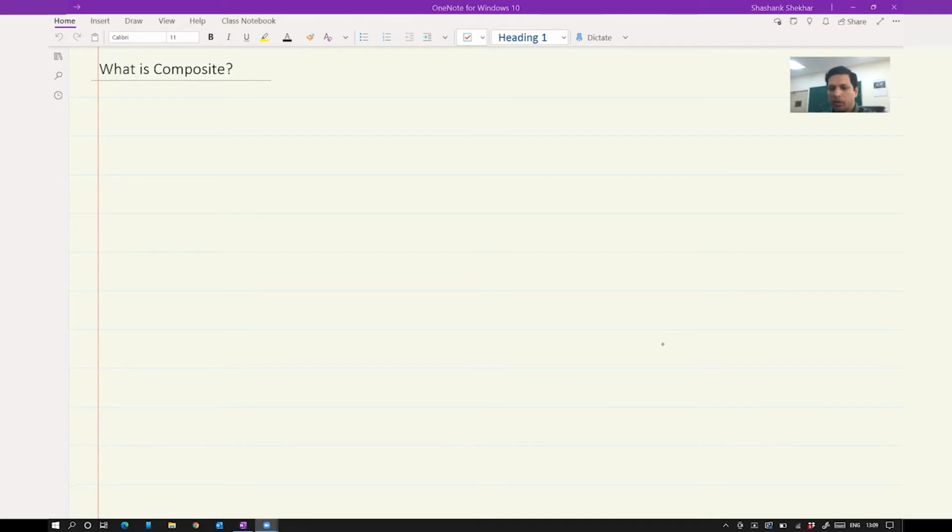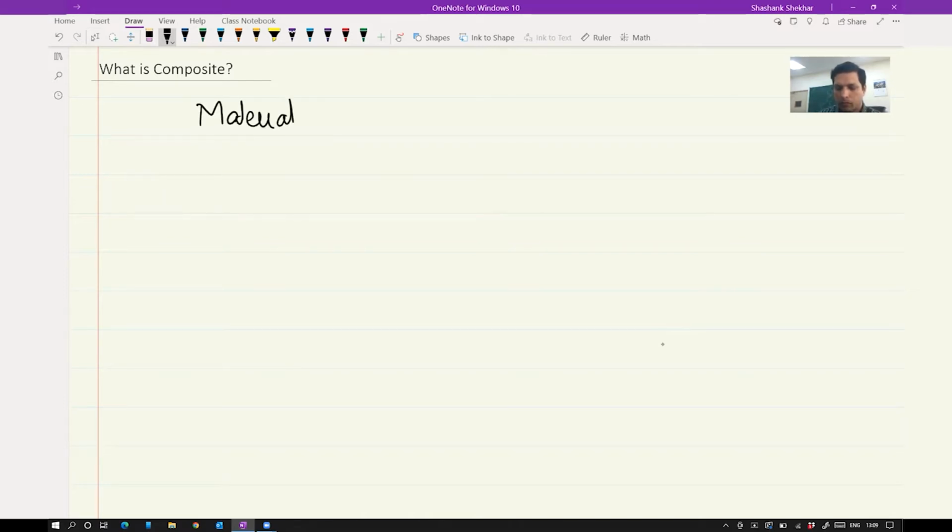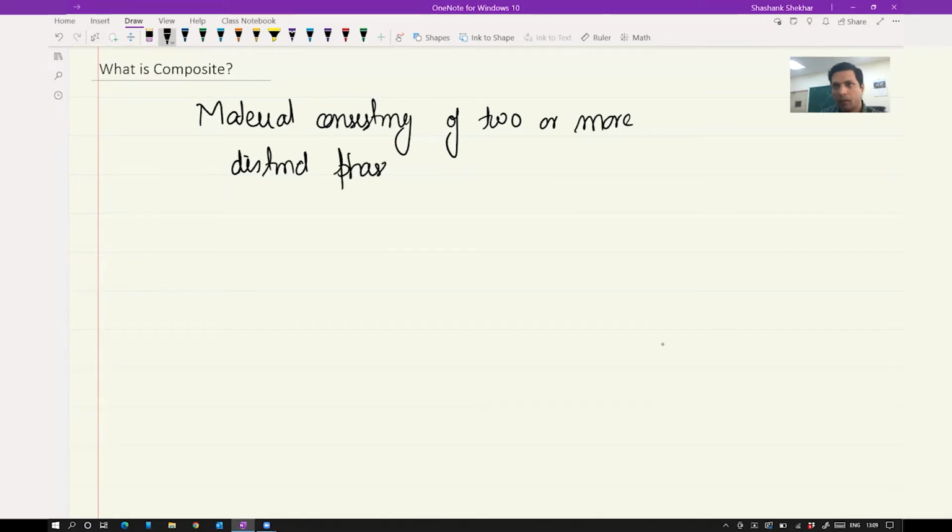So let's put it in words. Material consisting of two or more distinct phases. And the two phases are usually termed as matrix and reinforcement.